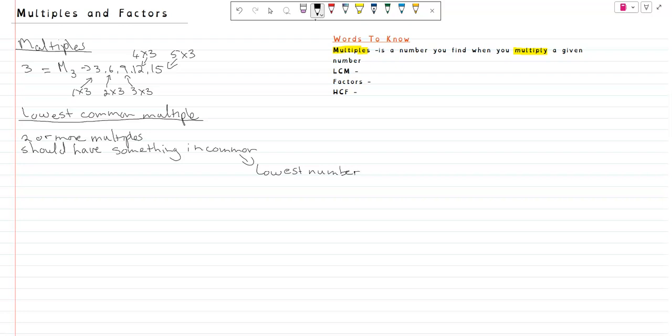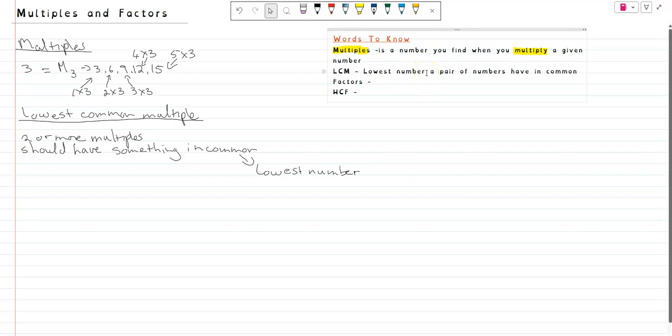So that is what a lowest common multiple is: the lowest multiple a pair of numbers have in common. Let's not say number, let's say multiple. The lowest multiple a pair of numbers have in common. That's what the lowest common multiple is.